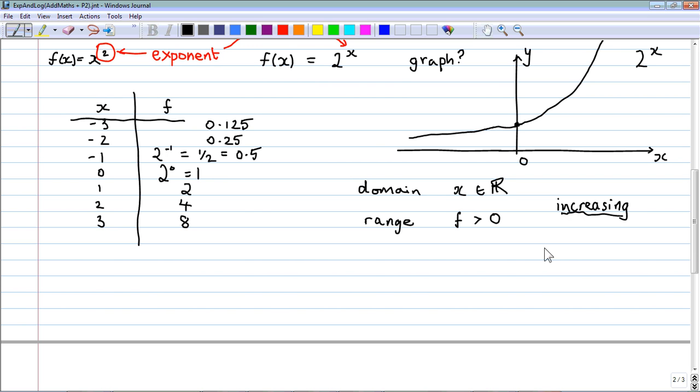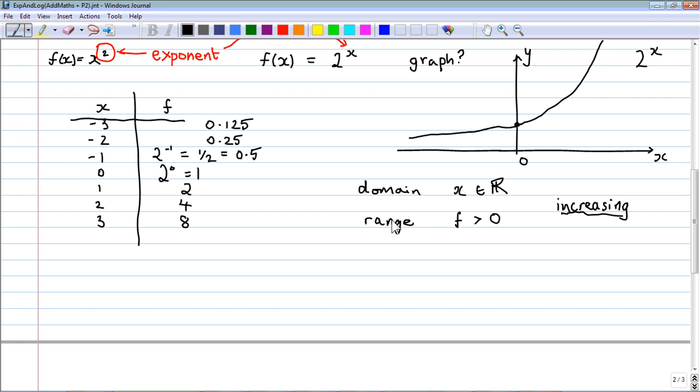If you've studied AS maths, you know what an increasing function is. It's a function whose derivative is always positive. The gradient of this function is always positive. So that's a very important point. So f of x is increasing. Its range is all positive numbers, and its domain can be any real number.